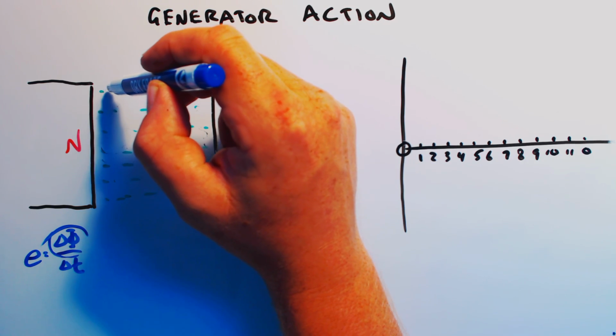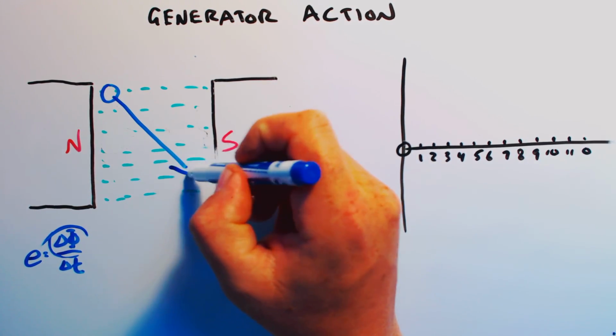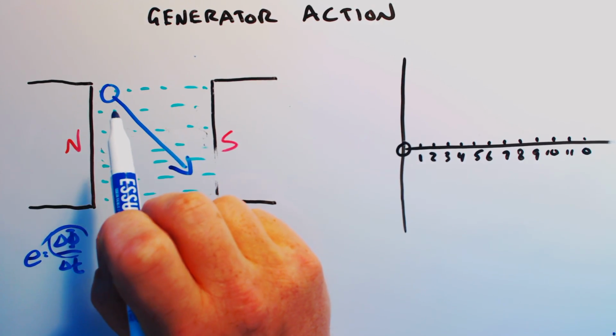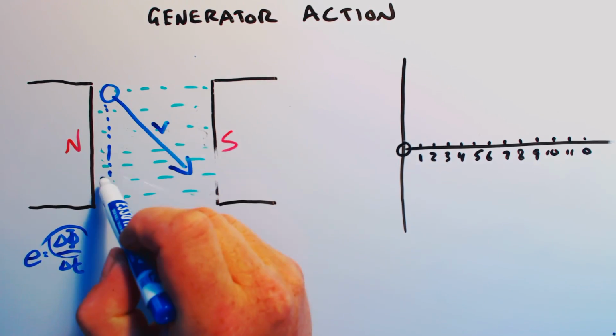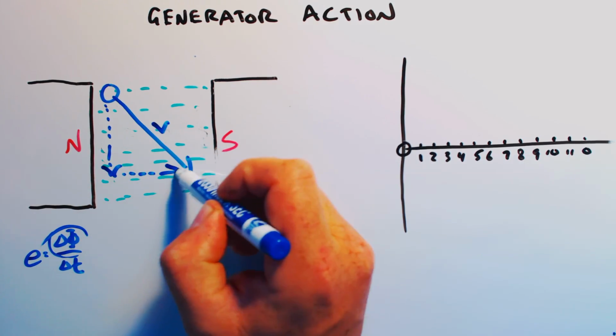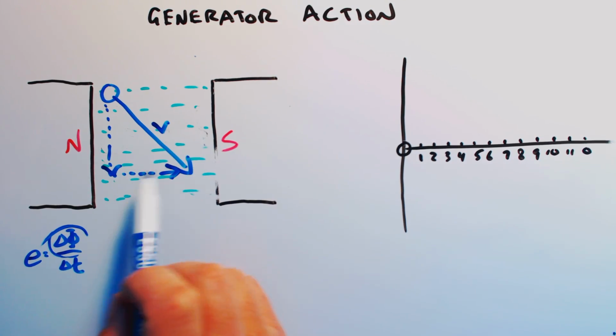Now what do you suppose is going to be the case if I take a conductor and I move it on an angle through this magnetic field? What we need to do in that instance is break the velocity of that conductor into its rectangular components, the vertical component and the horizontal component, right?